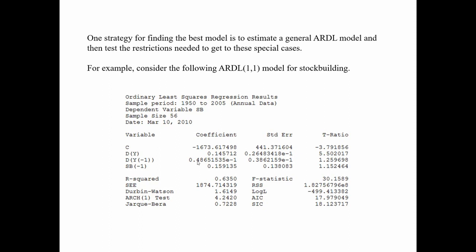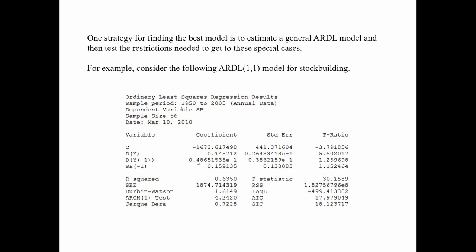And when I estimate the equation here, I get a fairly well specified equation. There's no evidence here of any autocorrelation, heteroscedasticity and so on. I'm just going to have to ask you to take my word for that rather than go through the details of it. But if we look at the equation, we see that there are insignificant right-hand side variables. In particular, the two lags here, the lagged change in GDP and the lagged stock building, are both insignificant.